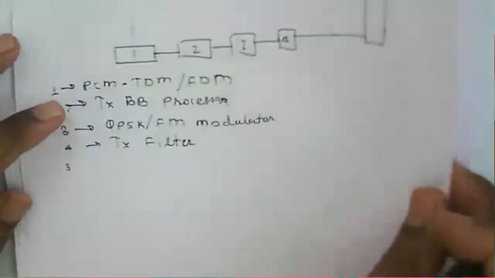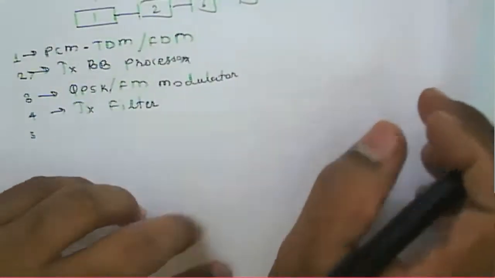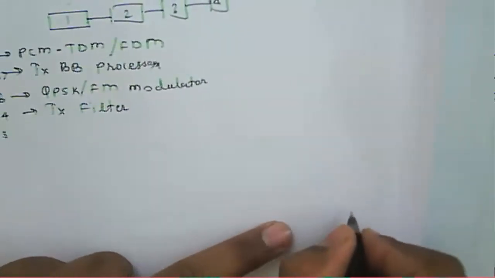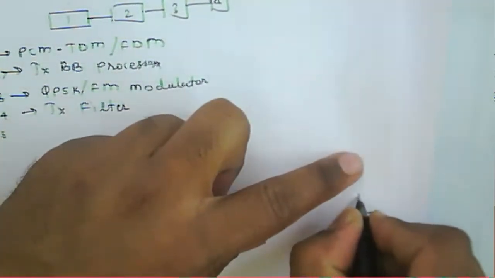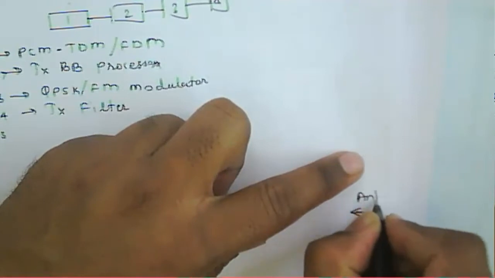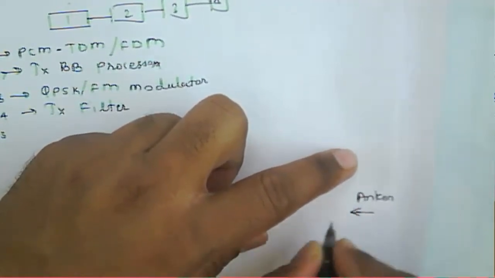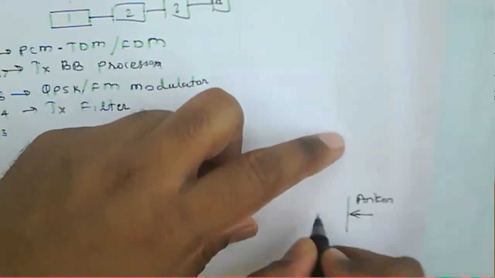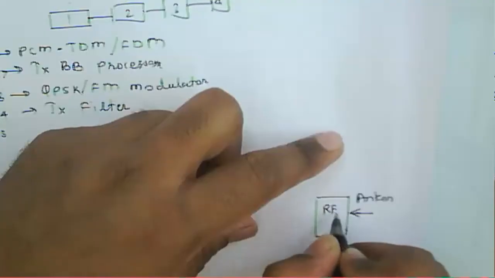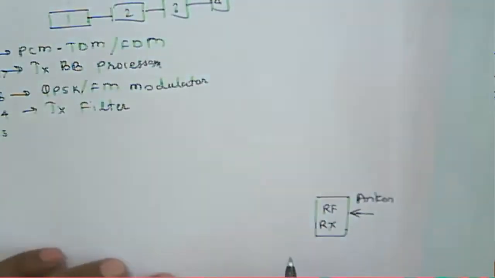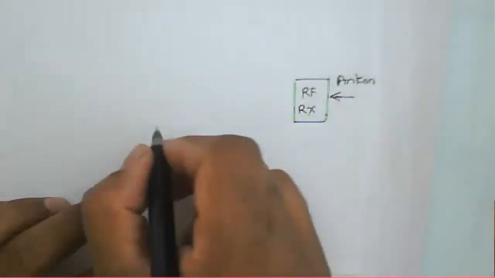Now similarly, in the reverse direction, the input from the antenna goes to the RF receiver.